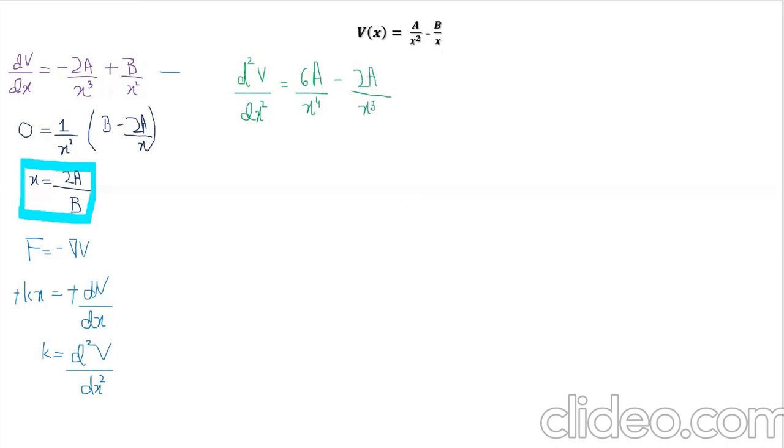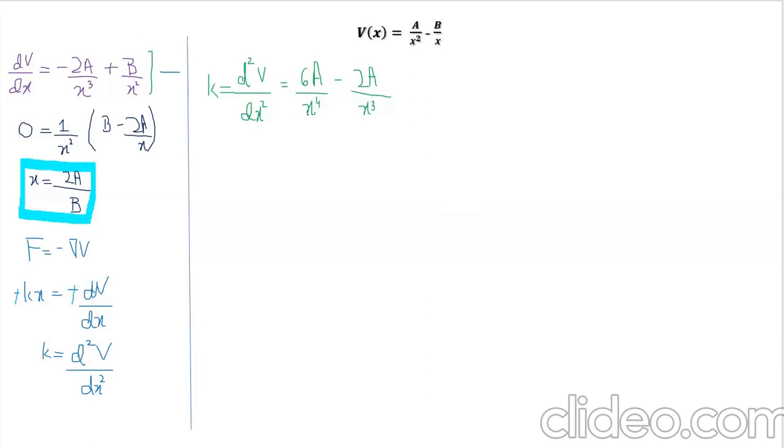This is what we get after taking the derivative of this term again with respect to x. So this is equal to k. Here I think I should make a partition so that there remains no confusion, so I'm going to draw a line here. Now we get the value of k: 6a/x⁴ − 2a/x³.